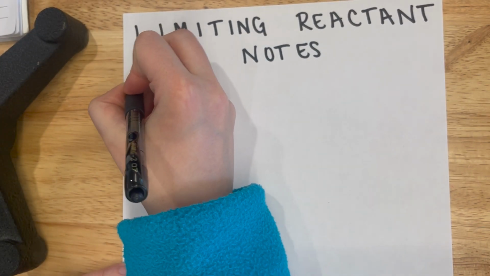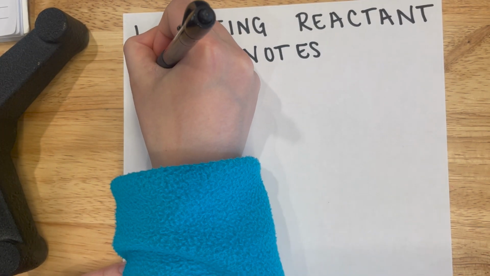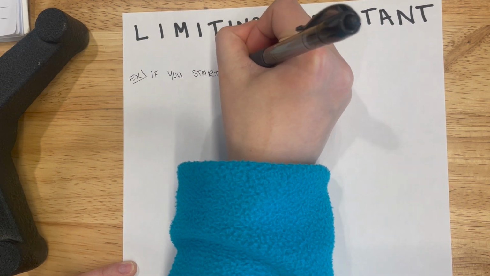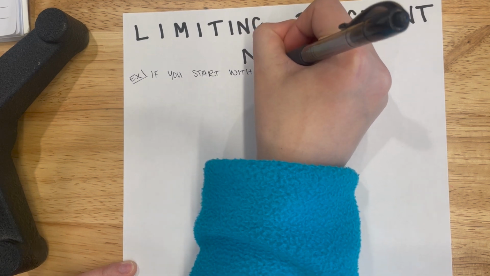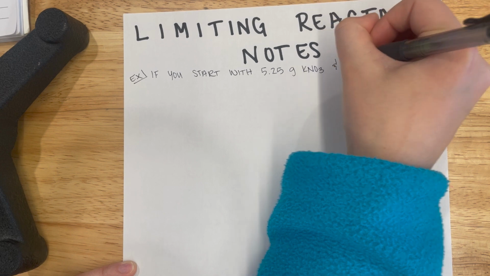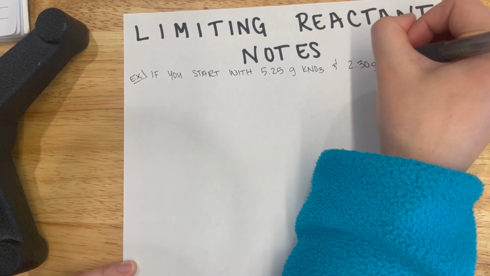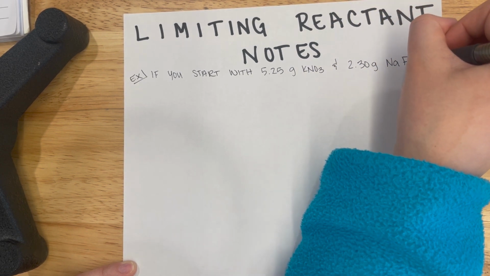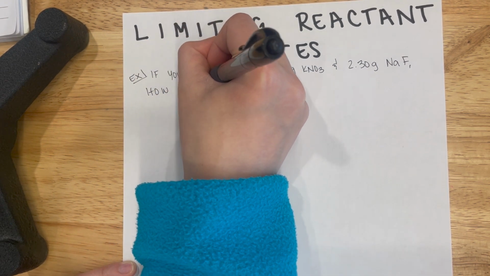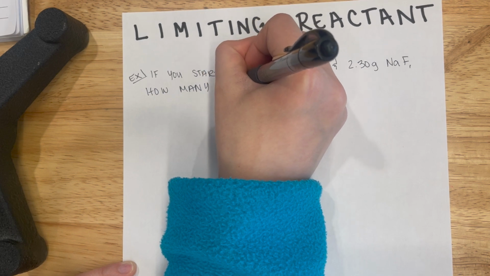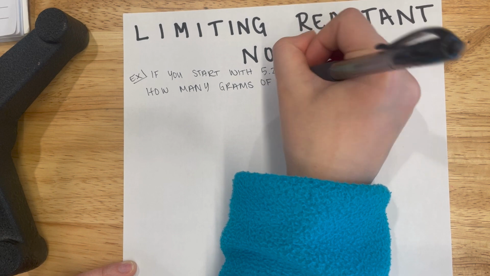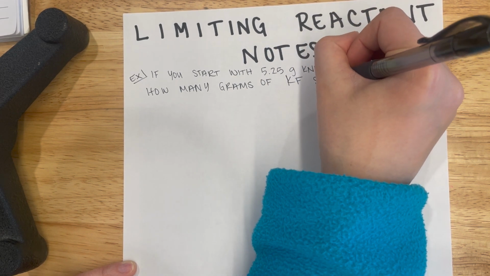So our example that we're looking at today is if you start with 5.25 grams of potassium nitrate and 2.30 grams of sodium fluoride, how many grams of potassium fluoride should you produce?